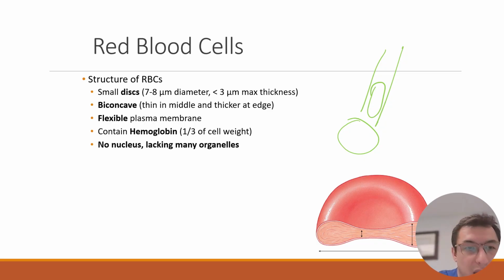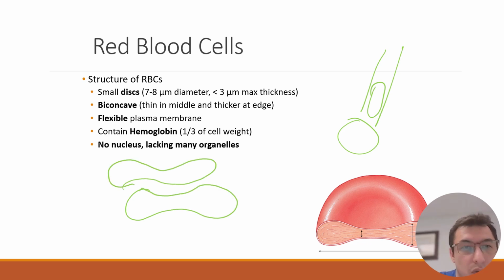They have a biconcave shape that allows them to stack onto each other, creating something that is called rouleaux. We'll look at it in another slide, but they're small discs. They are biconcave. They are very flexible, all right, and they contain hemoglobin.